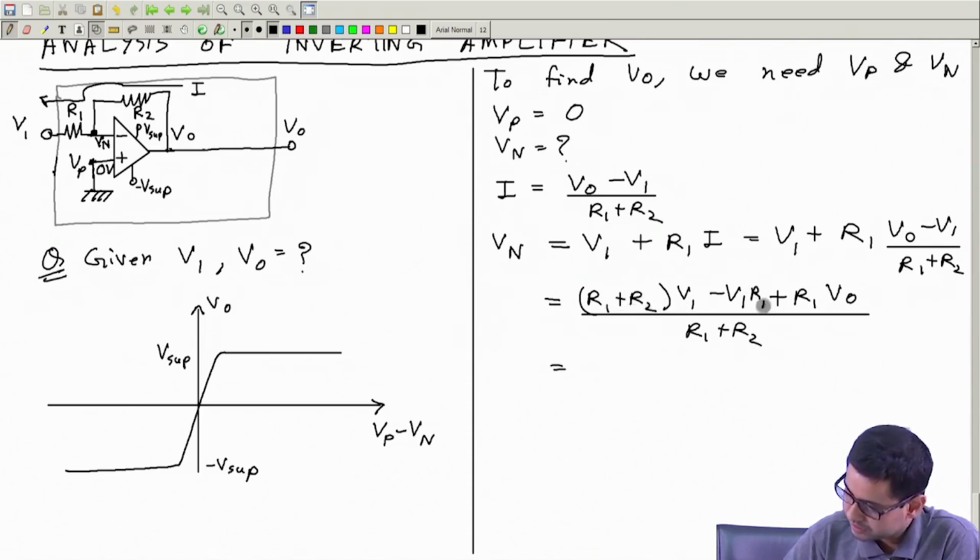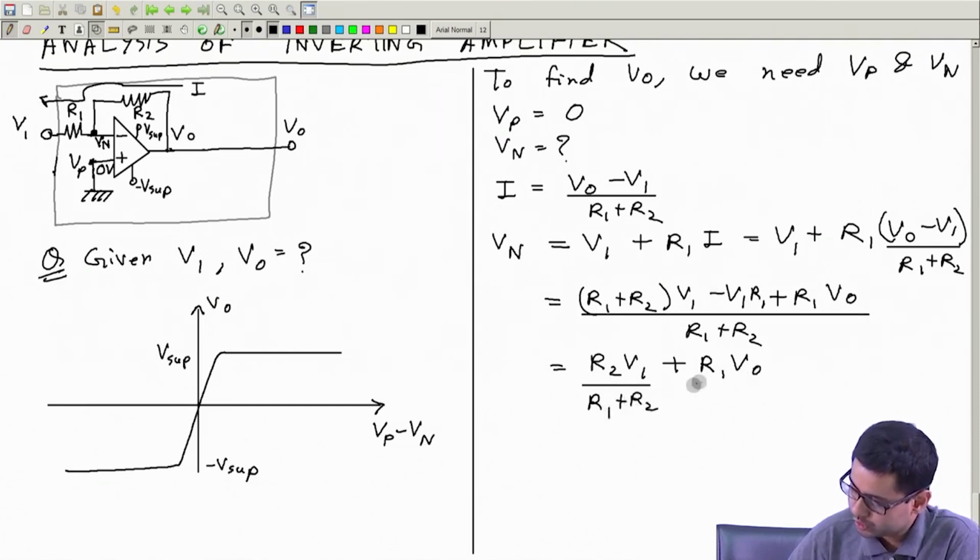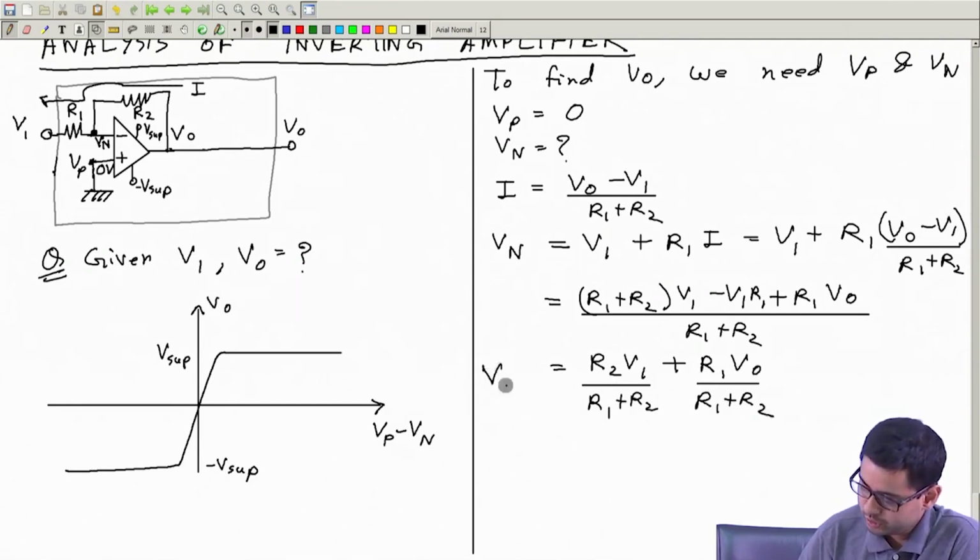There is R1 V1, so this and this will cancel. So we have R2 V1 plus R1 VO, divided by R1 plus R2. This is equal to Vn.